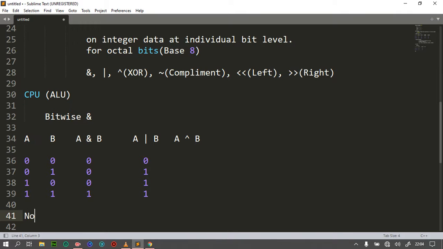Let's write it here. It's false when both are false, and false when both are true.